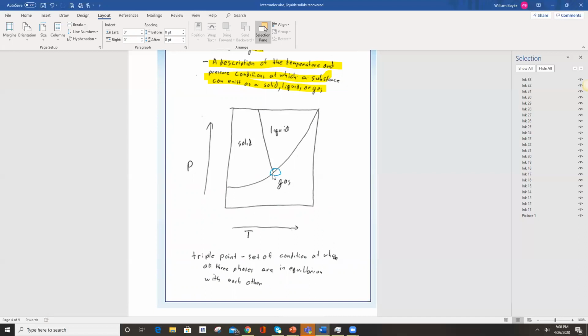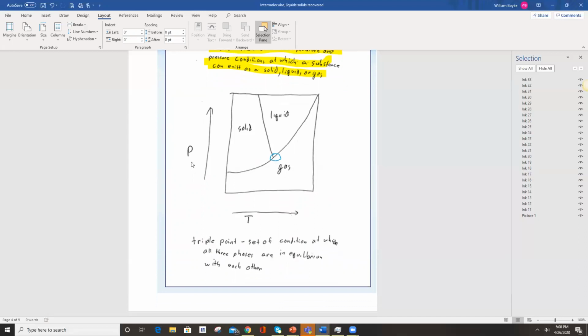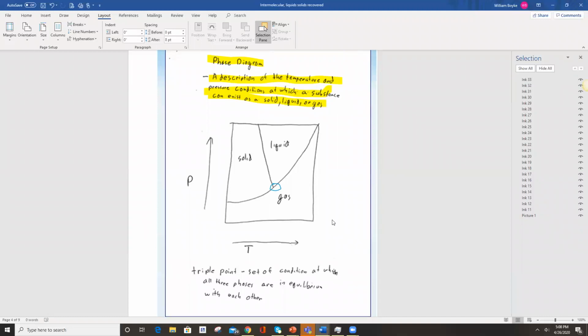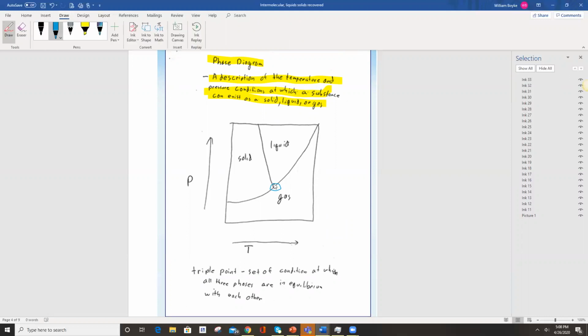If you were at that exact temperature and pressure for a compound, you would end up seeing all three, solid, liquid, and gas, in complete equilibrium with each other. They would just continuously be transforming into each other indefinitely if you had a really closed system.